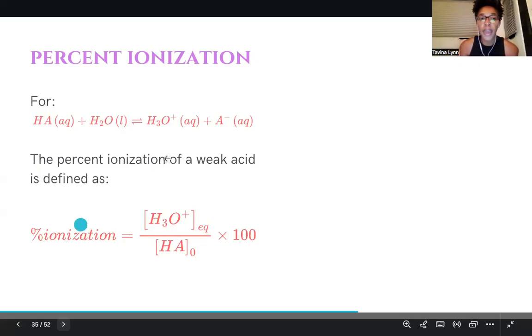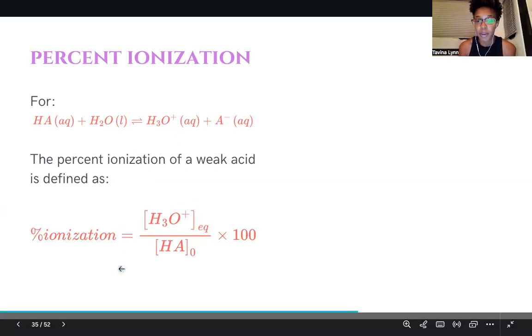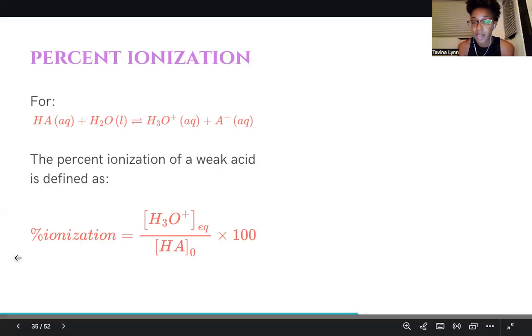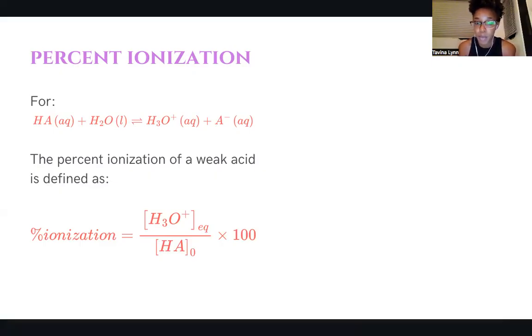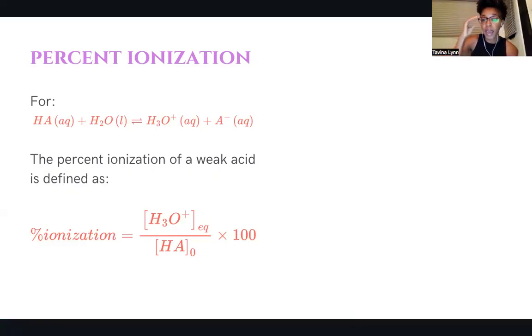For a weak acid, the percent ionization is defined as the concentration of hydronium ions at equilibrium over the initial concentration of the weak acid, times 100. If we have a strong acid, the percent ionization would be 100%, right? So increasing percent ionization corresponds to an increase in the concentration of hydronium ions at equilibrium, which corresponds to an increase in acid strength.